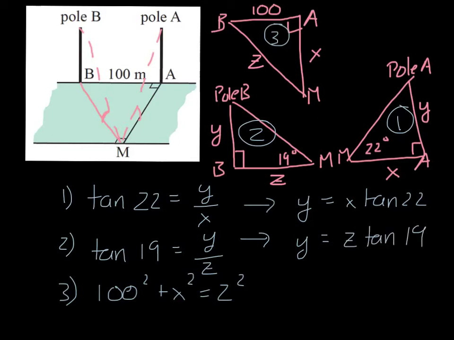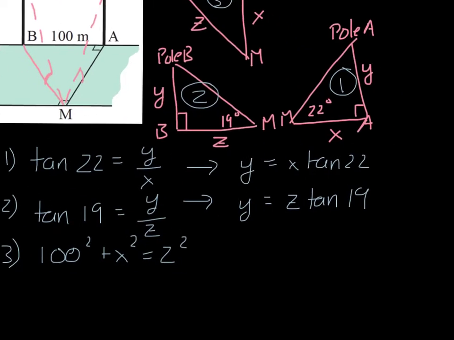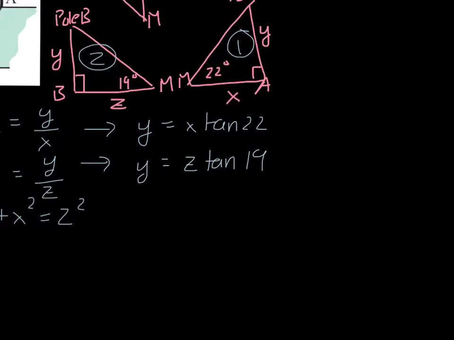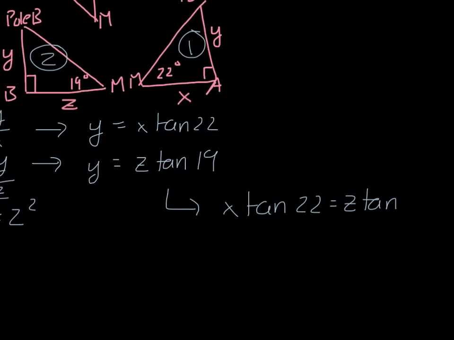Now since these are the same y's, I can set the right-hand sides equal to each other. So we'll go ahead and do that. And that gives us an equation x tan 22 equals z tan of 19. So now I have an equation that's written in terms of x and z.